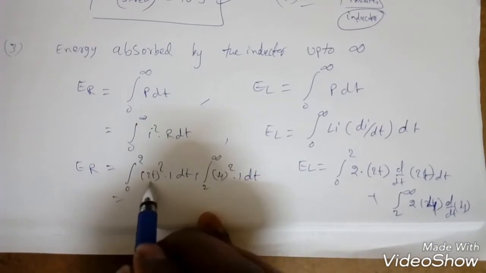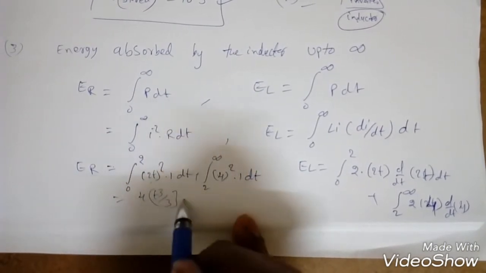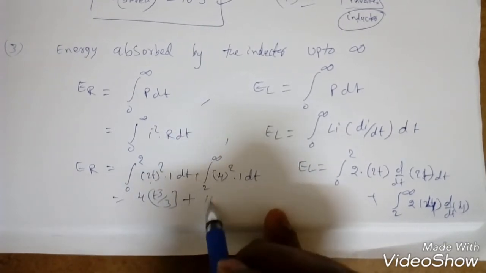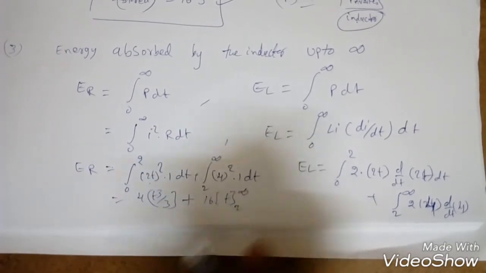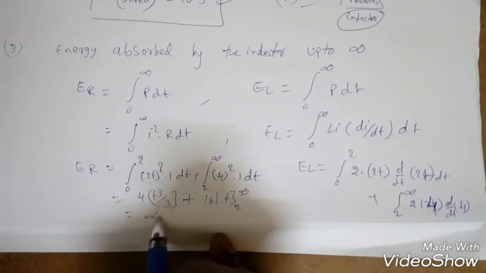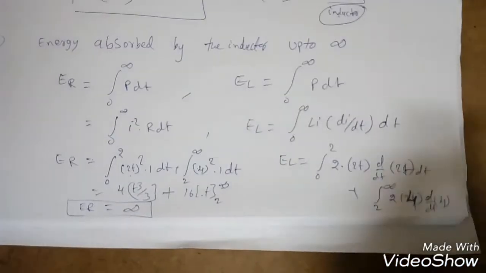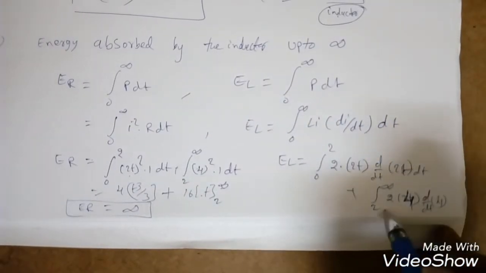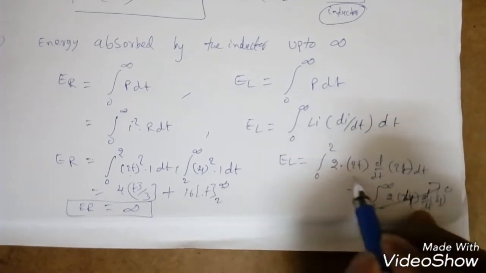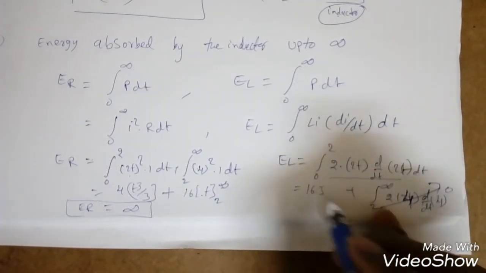Now if you see, the integral of 4t square is 4t cube by 3, and here it is 16 into t, with limits 2 to infinity. The moment infinity comes, the total energy absorbed by the resistance becomes infinity. And here, since the current is constant, we get 0, and we already found that from 0 to 2 it stores 16 joules.